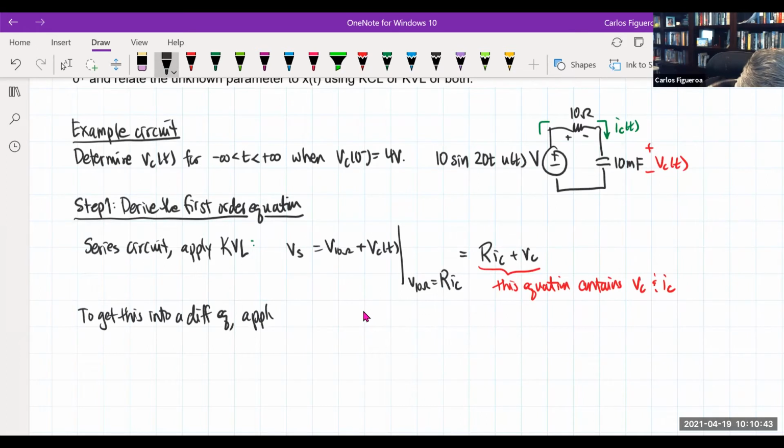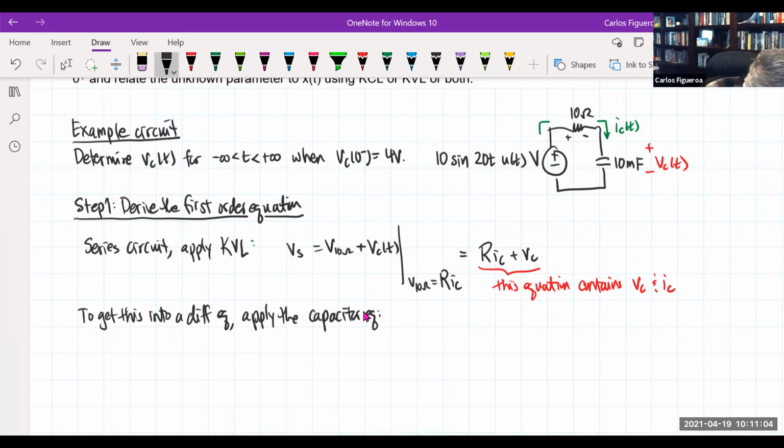Apply the capacitor equation. So if I apply the capacitor equation, instead of the R, I'm going to put 10.